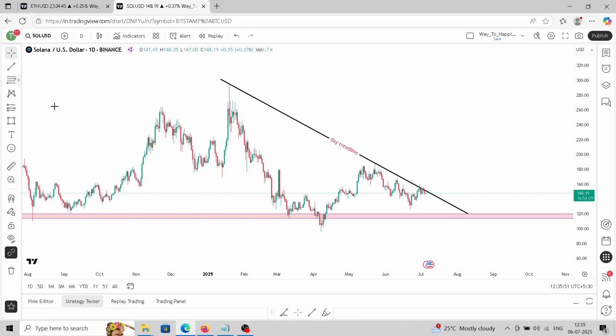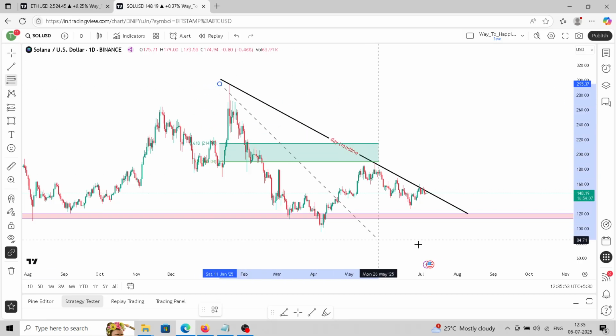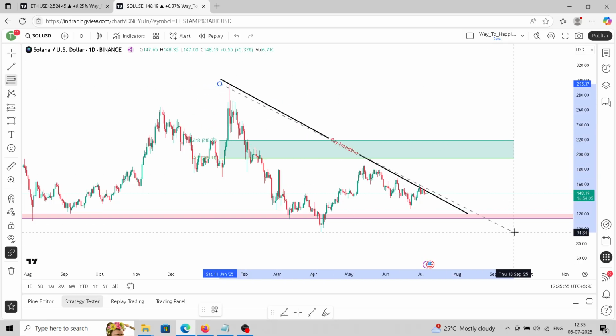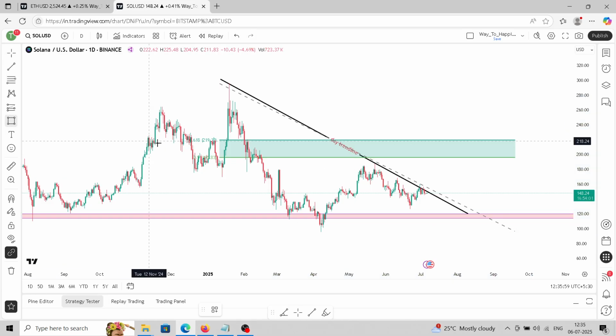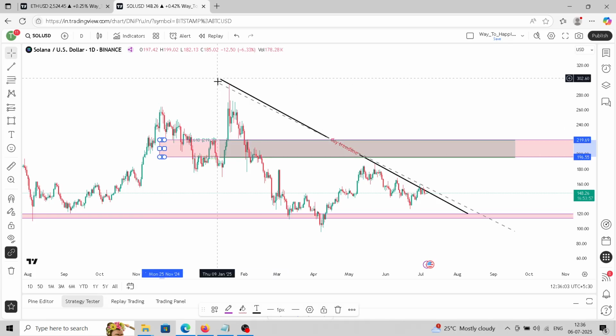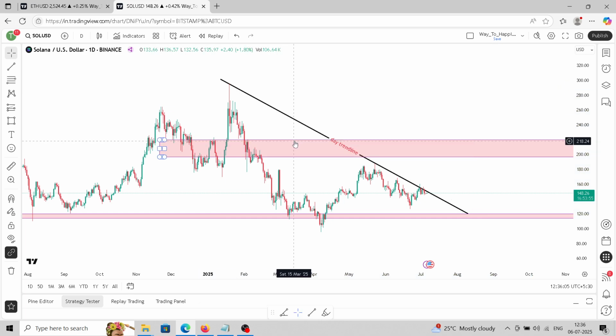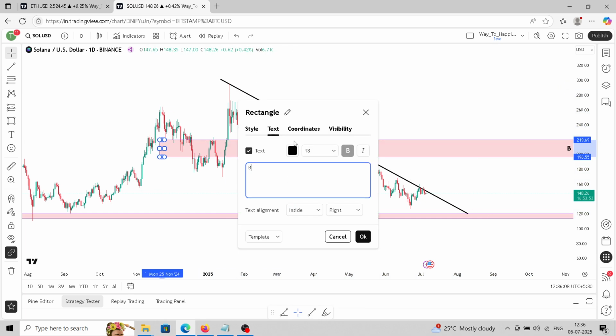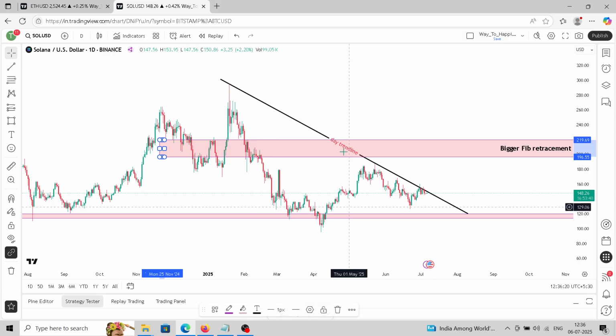Okay. This is my daily time frame support also. From here to here, what do we have? We have a bigger fib retracement. Okay.